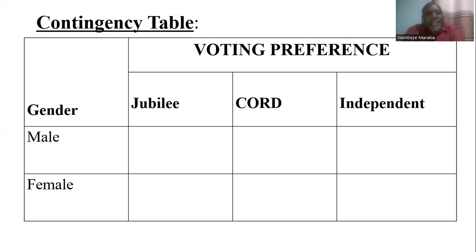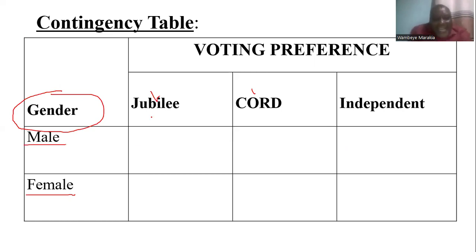This is the contingency table I was talking about. On this side, we have the variable gender, and from the variable gender, we can categorize as male and female. And on the voting preference, we have the political parties. Here we have Jubilee, we have CORD, and we have Independent.